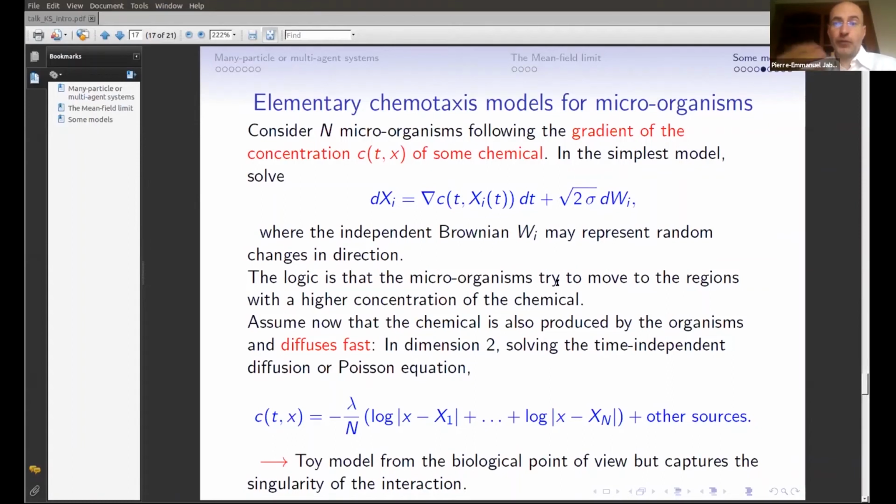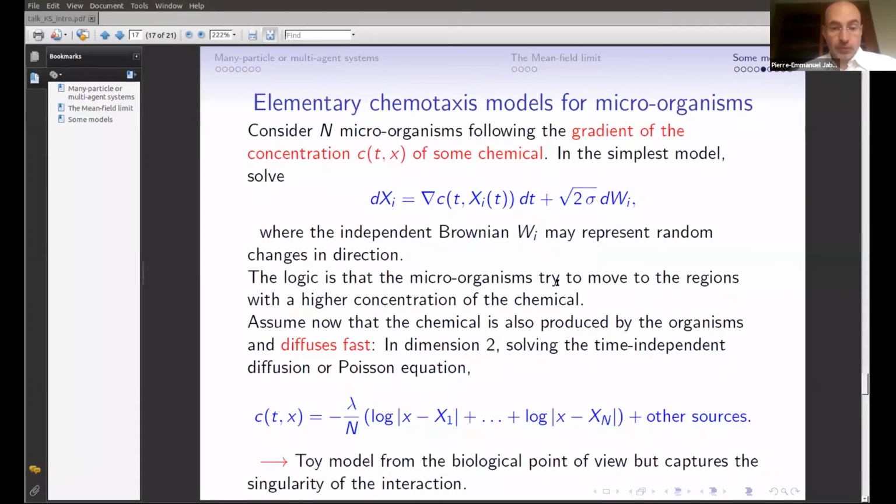And if I'm making one further assumption, which is that the chemical diffuses much faster than the microorganisms are moving, then I can look at the stationary diffusion equation. And again, if I'm using the Green function, which is 2D log, I get the formula on C that is written below. Now, there could be external sources and other stuff, but that's pretty much the basic one.